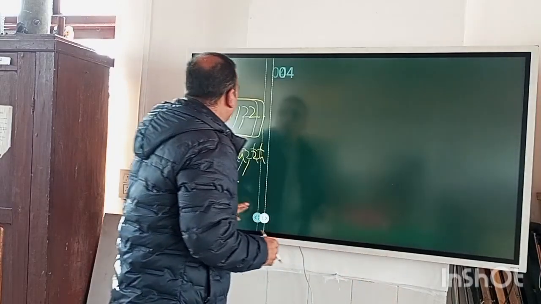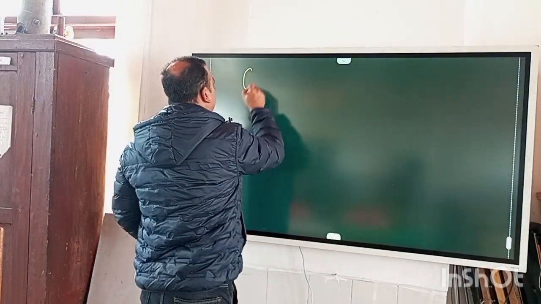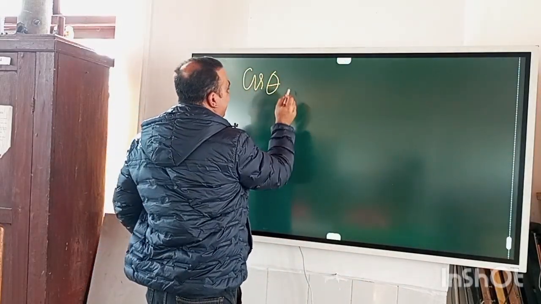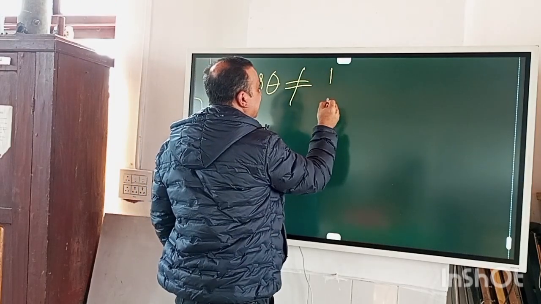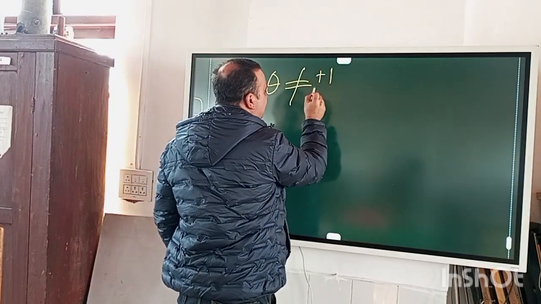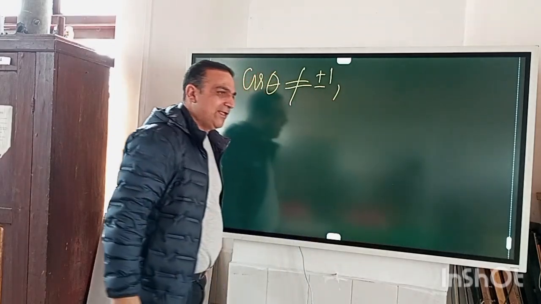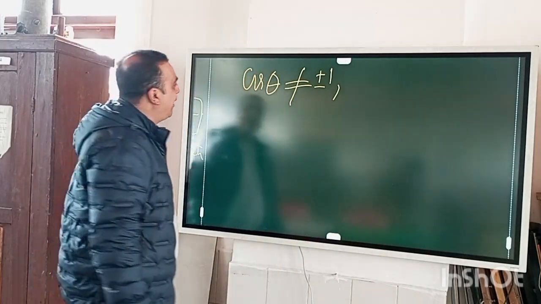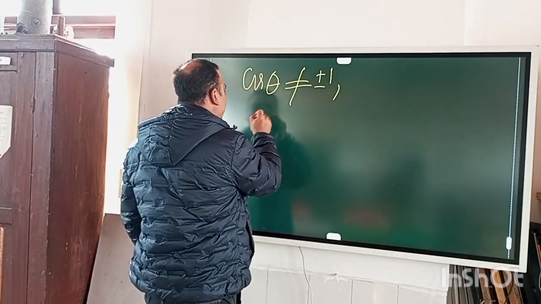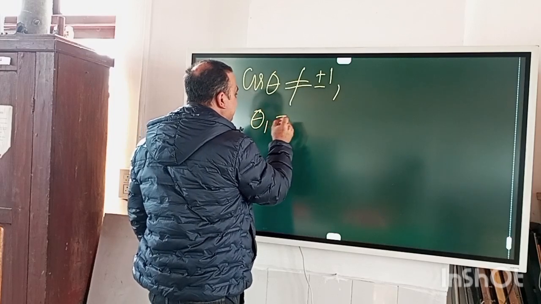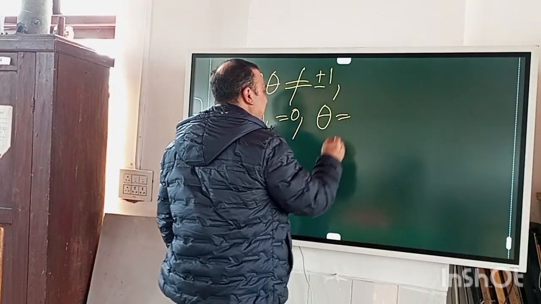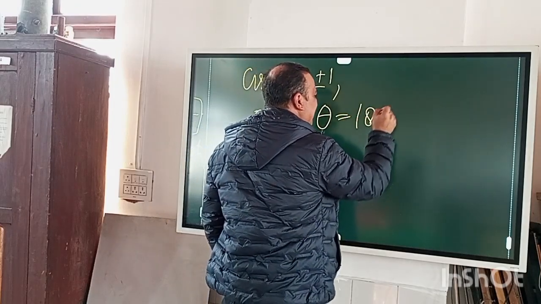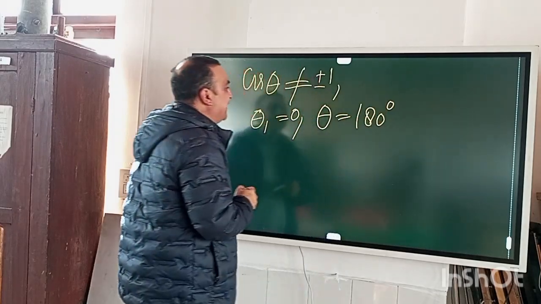leading us to the fact that the value of this cosine theta will not be equal to 1. It will not be equal to minus 1. So when cos theta is equal to 1, theta equals 0 will give us 1, and theta equals 180 degrees is going to give us minus 1.